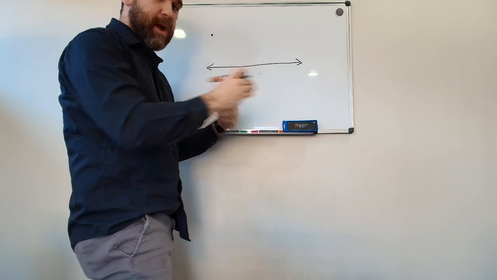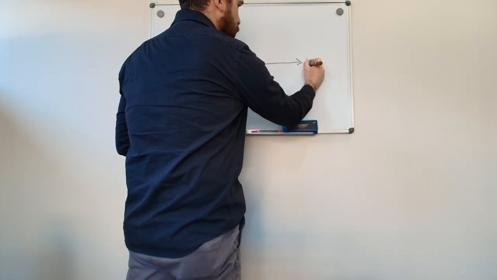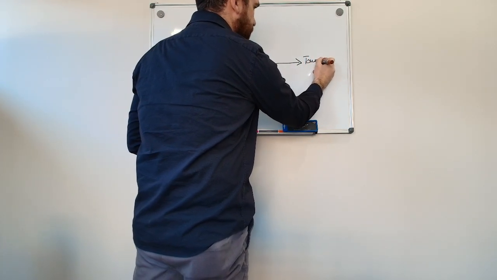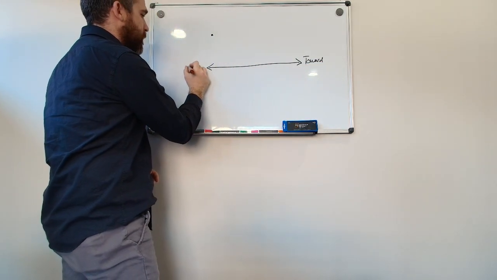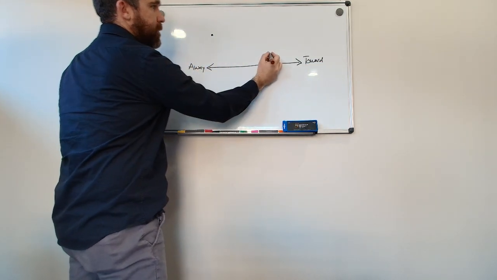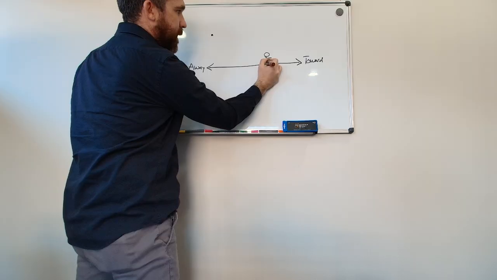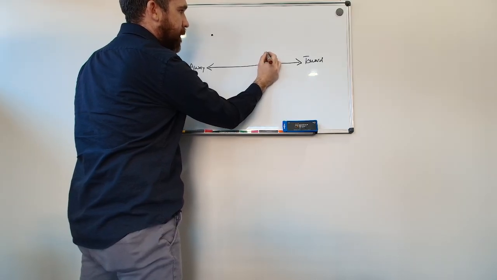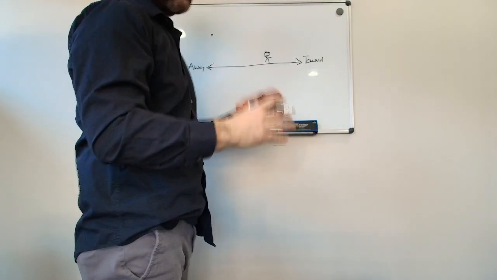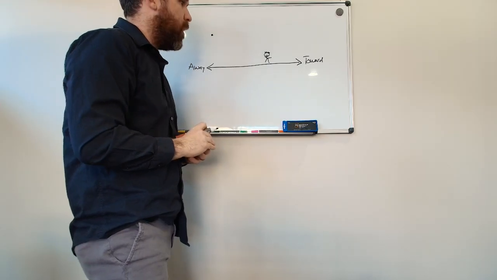This line has two directions. One is going toward the life that we want, and one is going away. So let's say you are right here. All right, you're trying to go toward the life that you want.